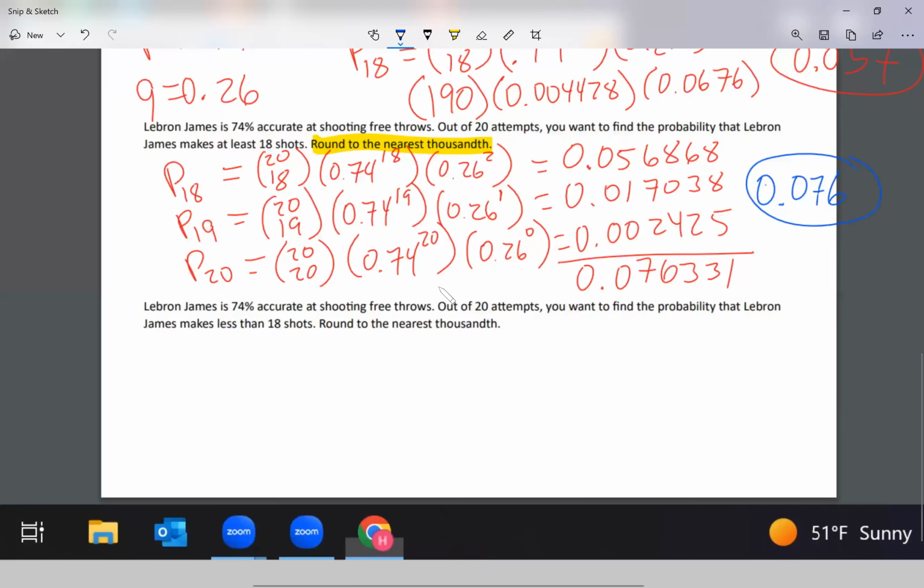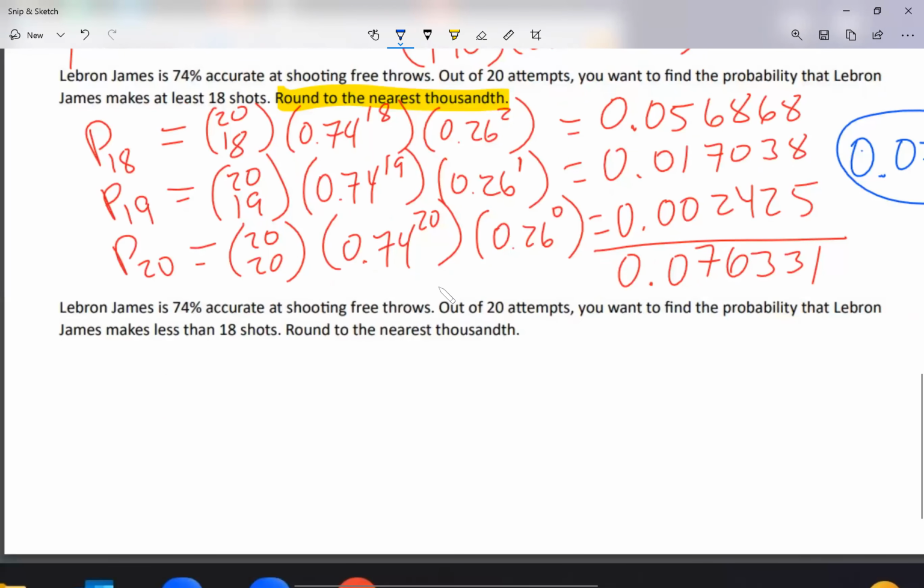Now here, my last example. LeBron James is 74% accurate at shooting free throws. Out of 20 attempts, you want to find the probability that LeBron James makes less than 18 shots. Round your answer to the nearest thousandth. Okay, one thing.